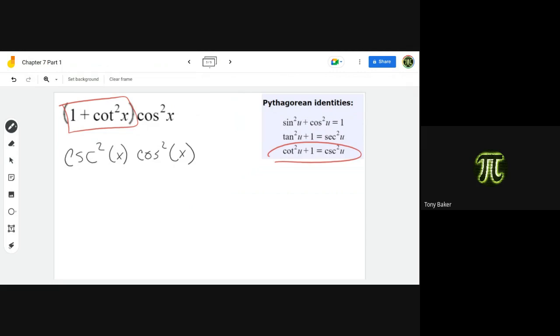All right. I still have two functions though, right? So what's the next thing I want to try? Yeah, let's change that to 1 over sine. So this is going to become 1 over sine. So I have cosine squared of x over sine squared of x.